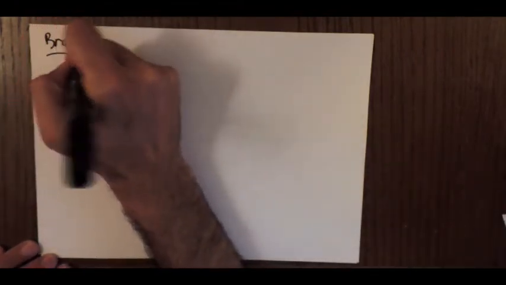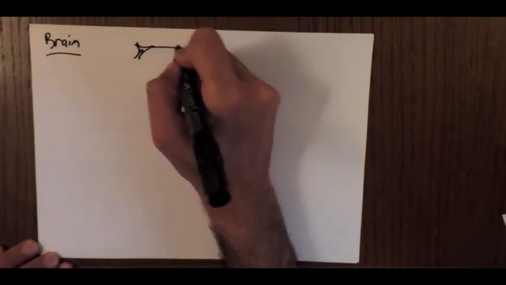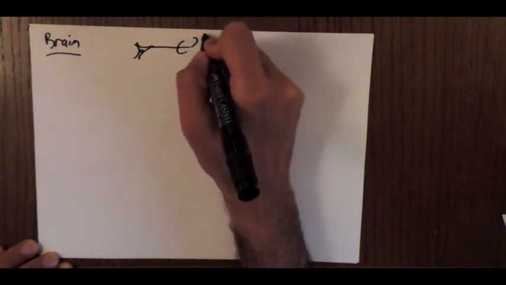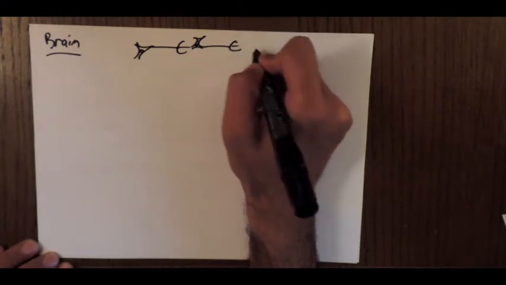Actually what influenced the creation of a neural network is the human brain. And the human brain is made up of billions of neurons which are connected to each other. So we can just approximate this like something like this and so forth.